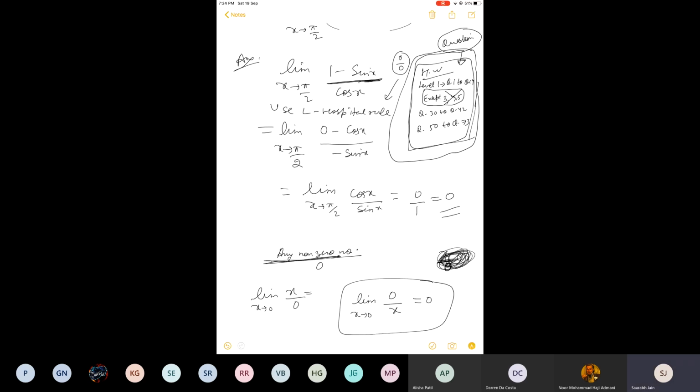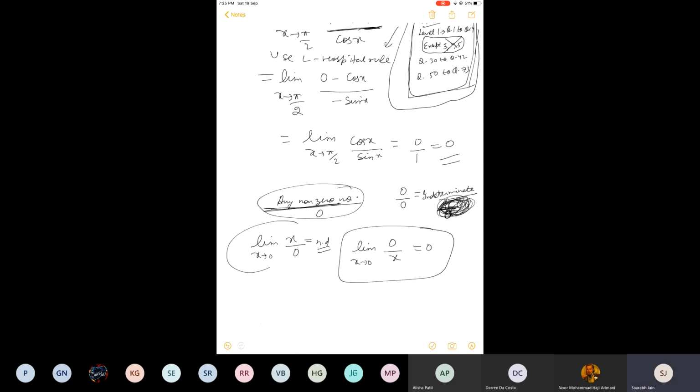But for a non-zero number upon exact 0, the answer will be not defined, because we have a finite non-zero number in the numerator and 0 in the denominator. This takes us back to a very basic concept that division by 0 is not defined. And if we have 0 and 0 both, then the answer will be indeterminate. I think this should be sufficient explanation. Still if you have a doubt, you can ask. No, sir. Got it. Thank you. All right.